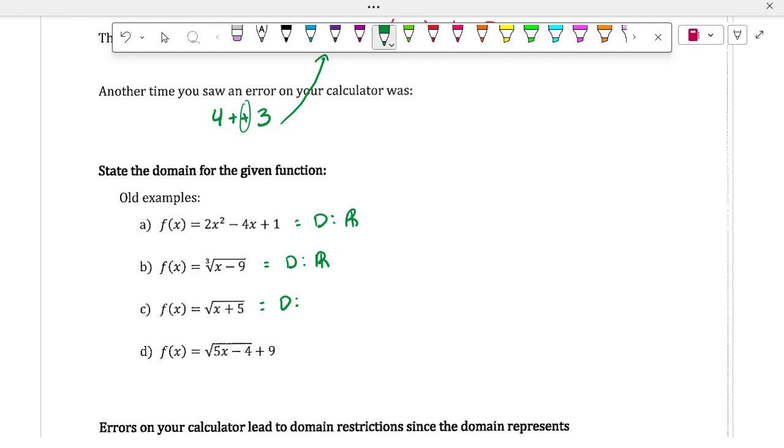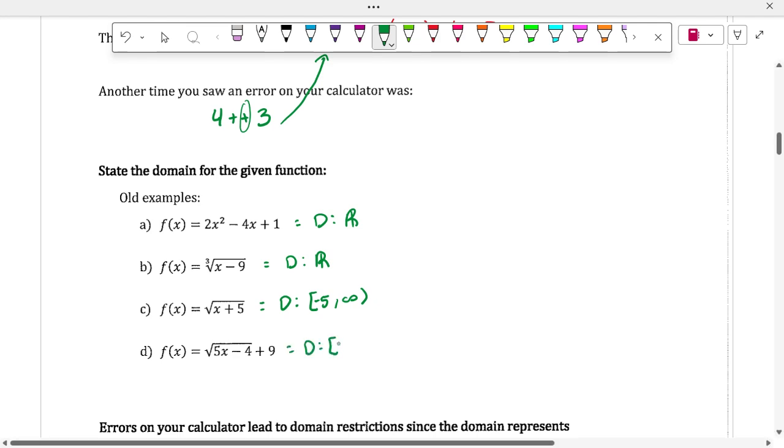So what's the lowest x value we can have? Negative 5, because we can't go past 0. It goes to infinity. What about this last one? It goes from 4/5, because 5x minus 4 equal to 0, to infinity. We just talked about that.